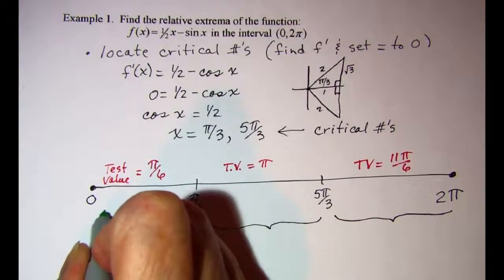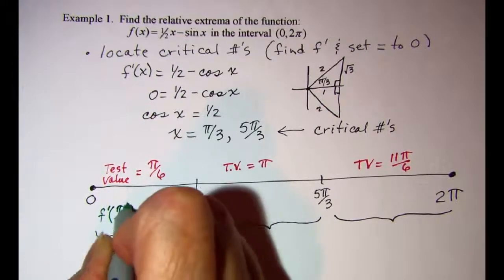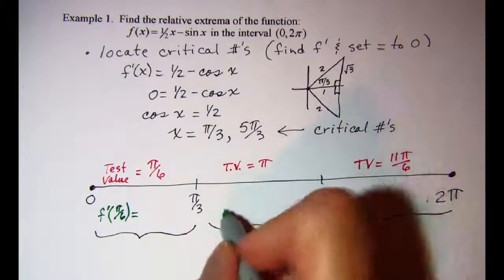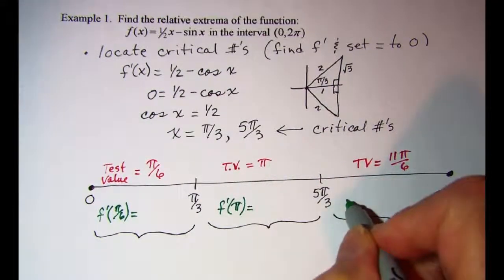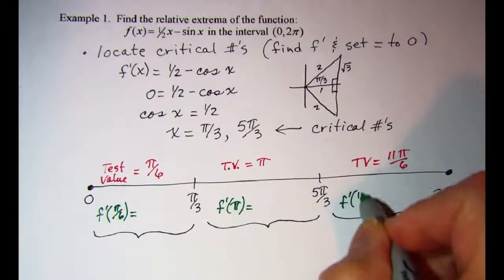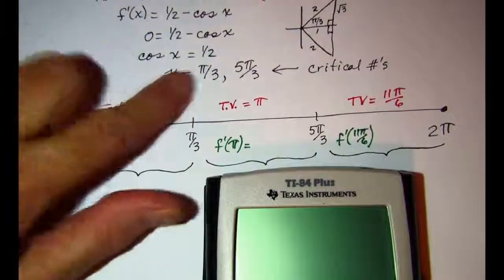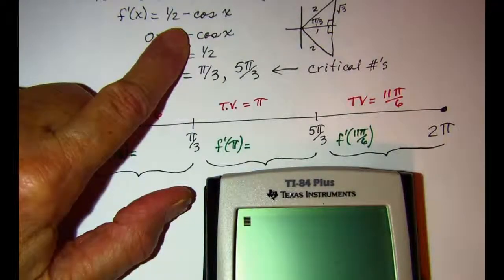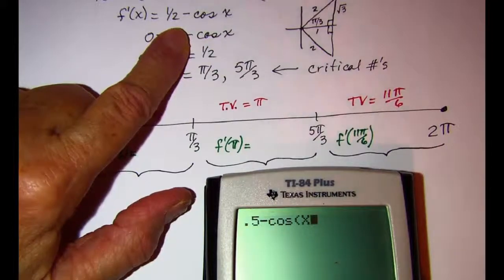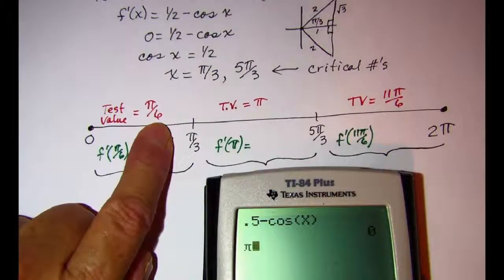So on this one, let's go f prime of pi over 6, then f prime of pi, and then f prime of 11 pi over 6. Alright, I need to enter my derivative: 1/2 minus cosine x. And then my first test value was pi over 6.